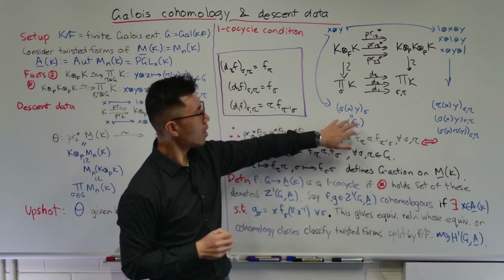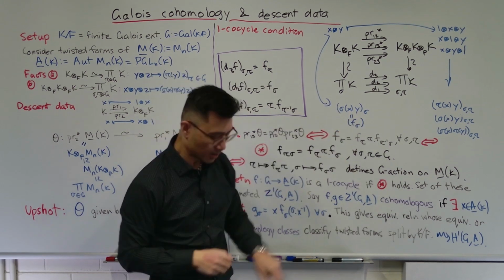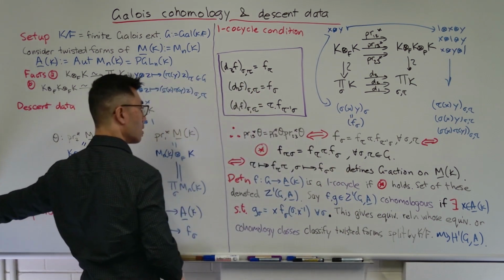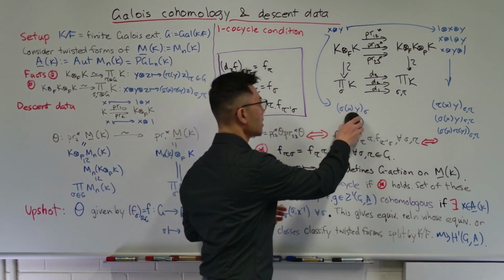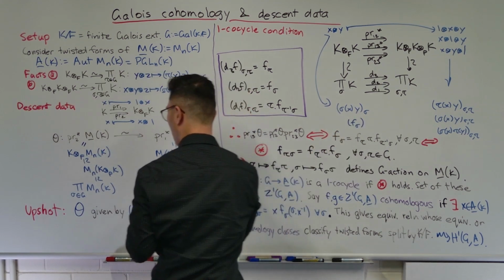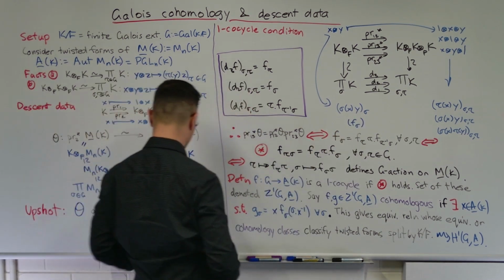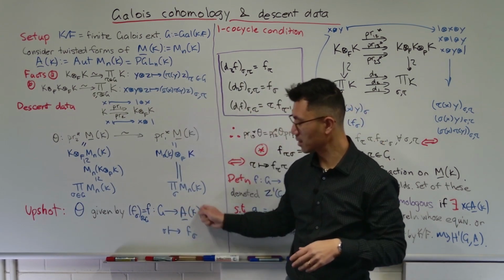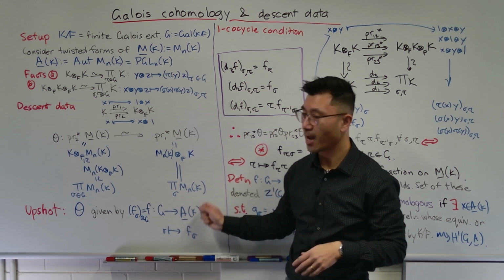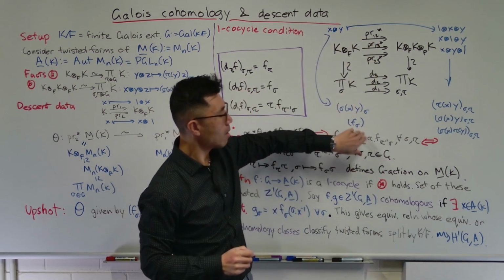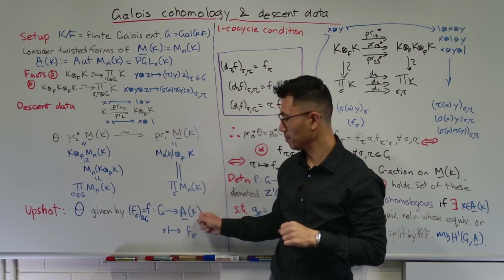Now really, this f sigma will consist of elements inside underline of k, not in k.